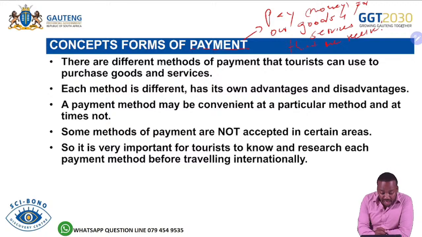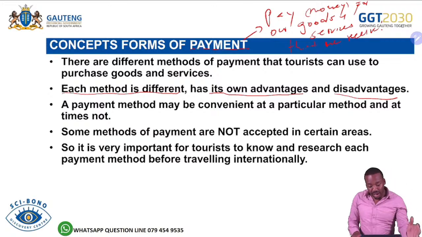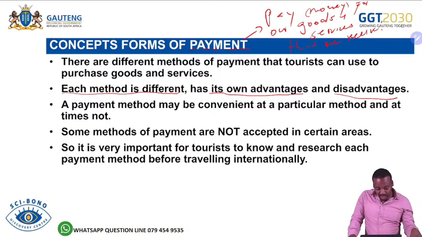But each method is different. Each method has its own advantages and its own disadvantages. So when we are studying each payment method, you need to know a short description, how you can use it, its advantages, its disadvantages, and be able to identify it on the picture, for visual learners.